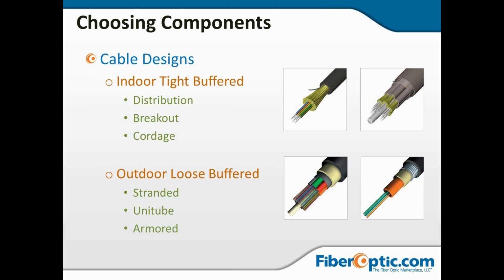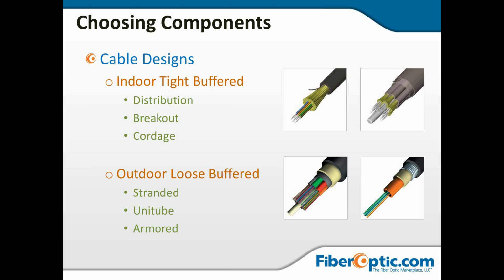So stranded is going to be our traditional loose tube gel filled with a colored buffer tube, so that we know which blue fiber is 1, 13, 25, etc. And inside that buffer tube is going to be some kind of water blocking compound, whether it's the dry block powder that gels up when it hits moisture, or if it's the old icky pick or water resistant gel.